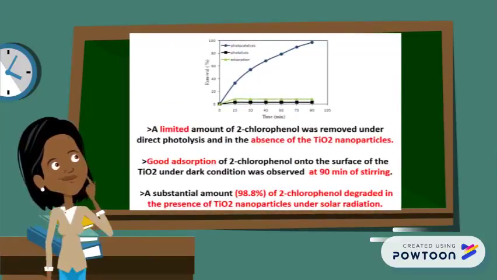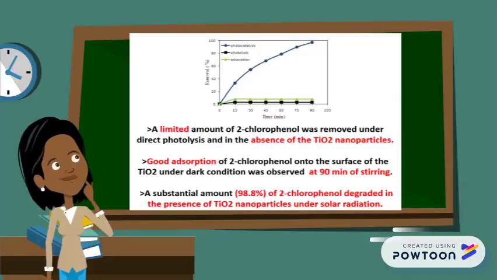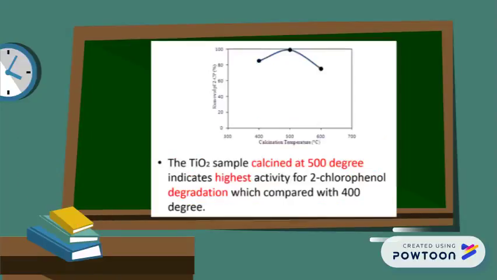If you see from the diagram, the effect of radiation and dark condition with absence and presence of titanium dioxide nanoparticles, a 2-chlorophenol solution of 50 mg per liter was selected as the initial concentration. For the calcination temperature, the degradation is actually highest at 500 degrees.